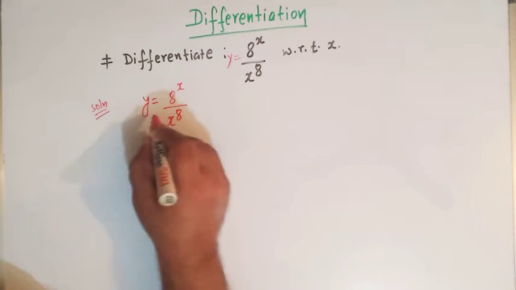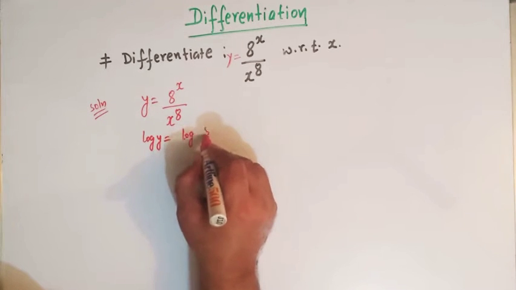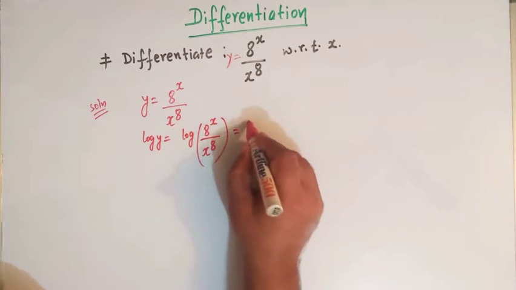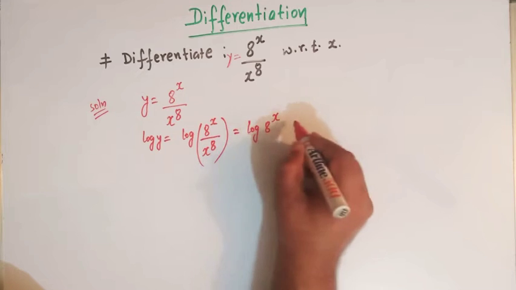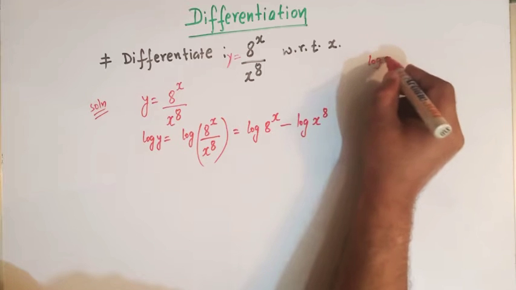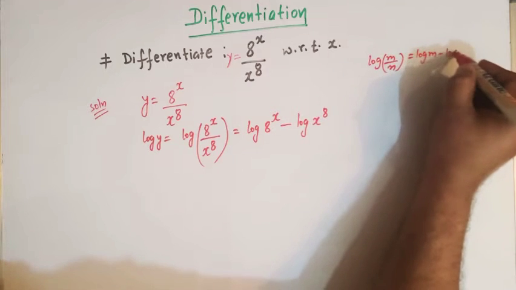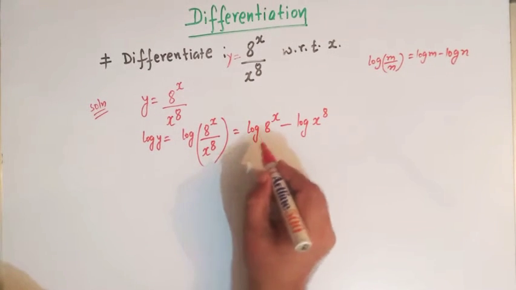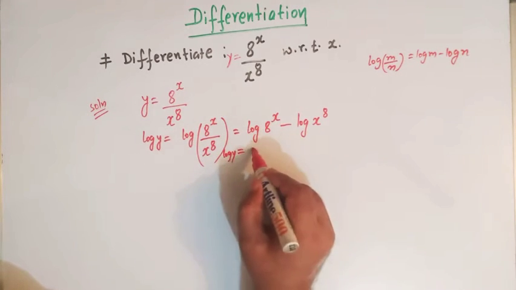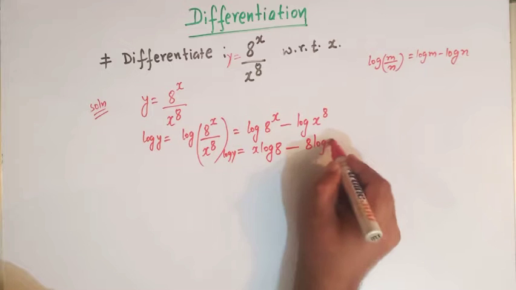Now taking log of both sides, we have log y is equal to log of 8 raised to x divided by x raised to 8. Now this can be written as log 8 raised to x minus log x raised to 8, because log of m divided by n is equal to log m minus log n. Now this log y is equal to x log 8 minus 8 log x.